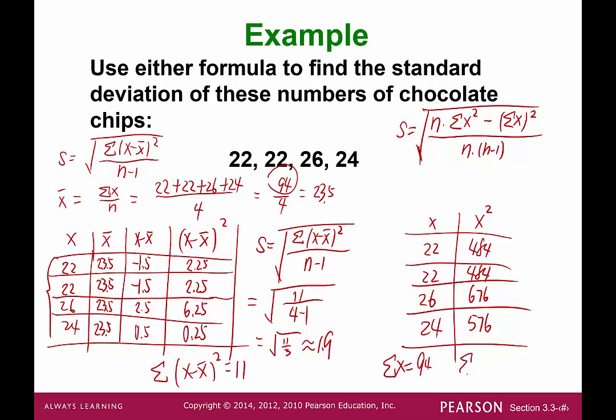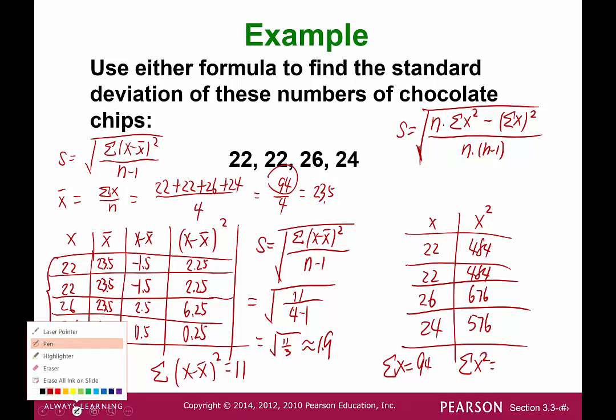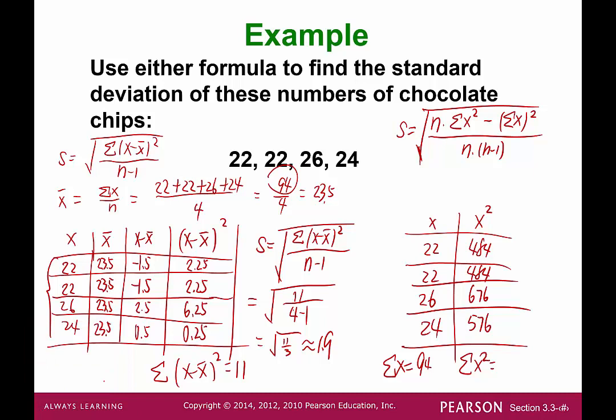And then sum up the square terms, the summation of x squared. Adding 484 twice, adding 676, adding 576, that turned out to be 2220.